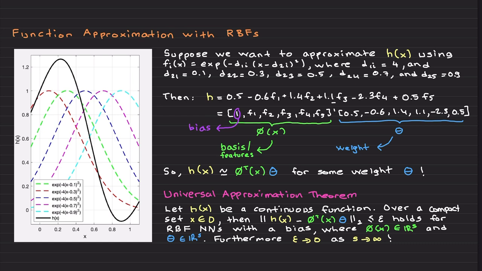With this parameterization, these functions f1 to f5 are here. These are our radial basis functions. Let's also include a bias term. If you find the appropriate weights, then this can reconstruct, or approximate, this function.